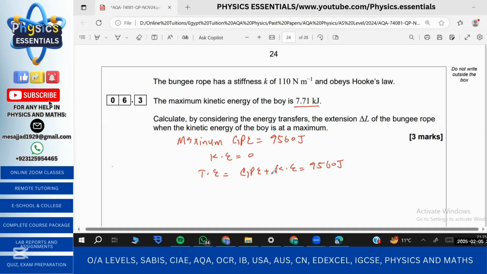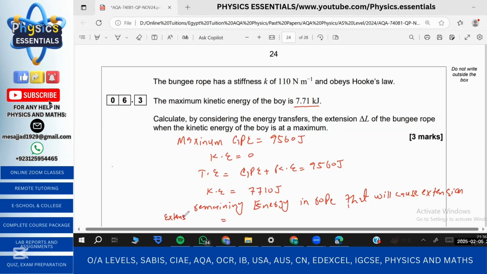Out of this total energy, which is 9560 joules, 7.71 kilojoules has been turned into kinetic energy. So kinetic energy is 7710 joules. The remaining energy in the rope will cause the extension.